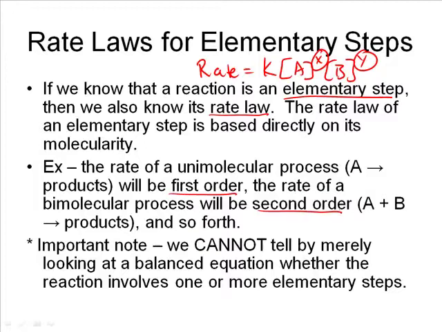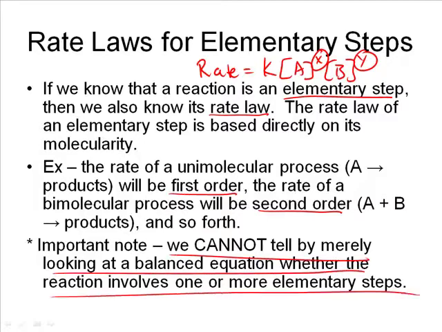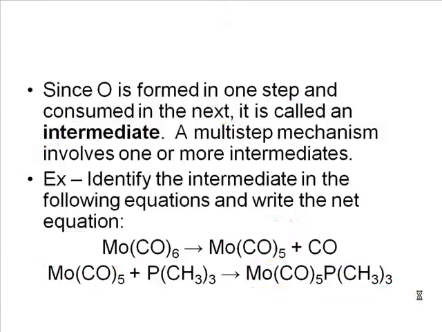So basically you can use the coefficients from the balanced equation to write the rate law if you know that it's a single elementary step. But again, we can't tell by looking at a balanced equation whether the reaction involves one or more elementary steps. Unless they have the reaction mechanism written out, then we can say, yes, this is an elementary step.